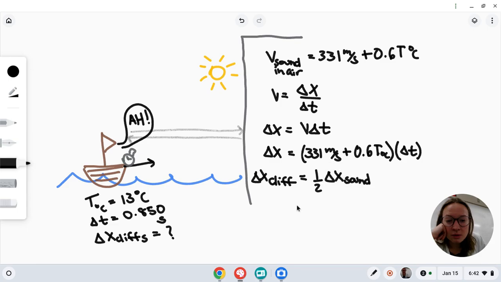So what Benny's looking for is going to be equal to 1/2 times 331 meters per second plus 0.6 times the temperature in degrees Celsius that day times the amount of time it takes for Benny to hear his echo.